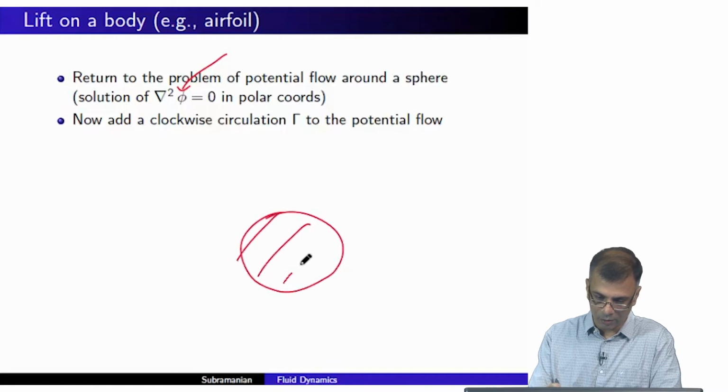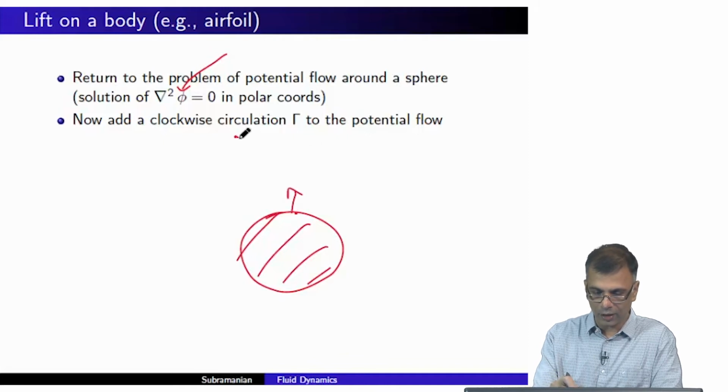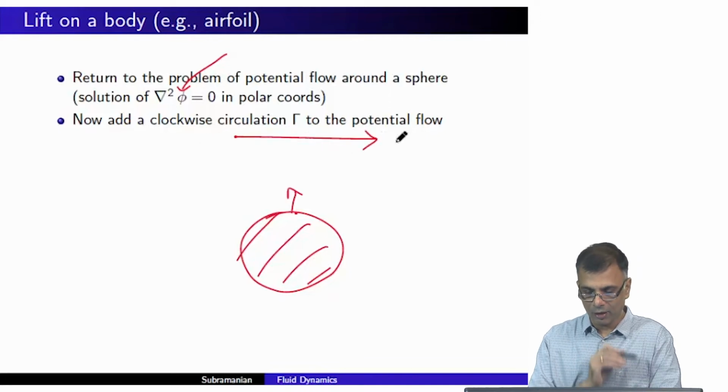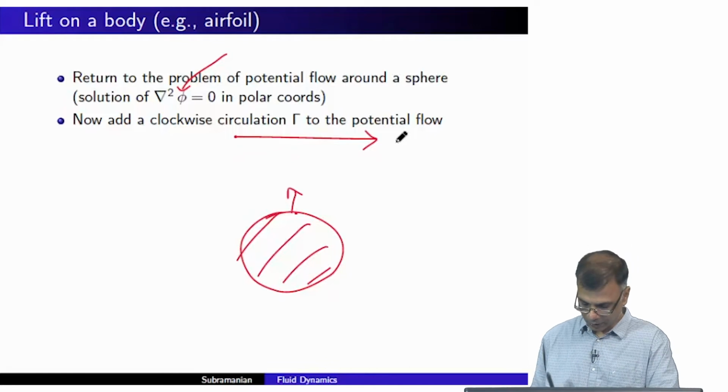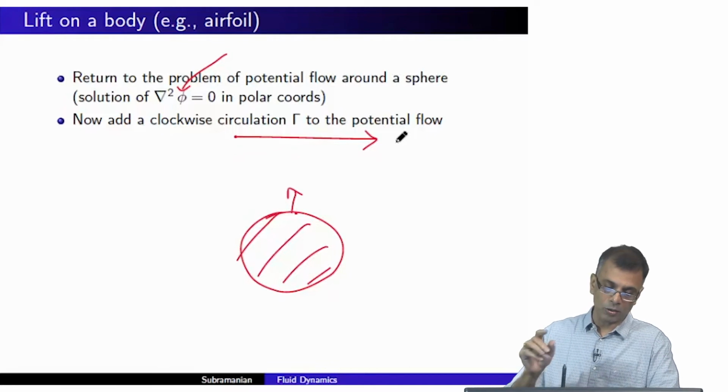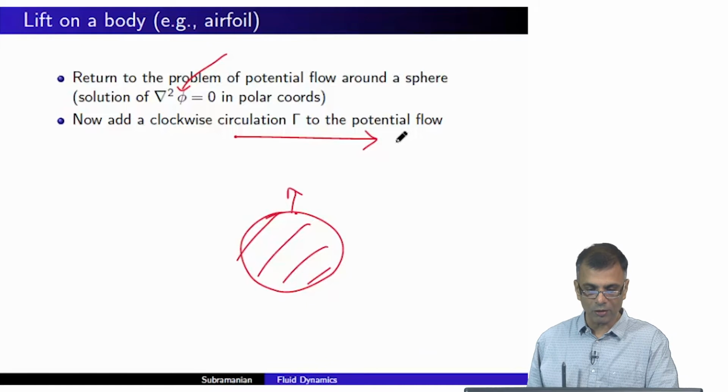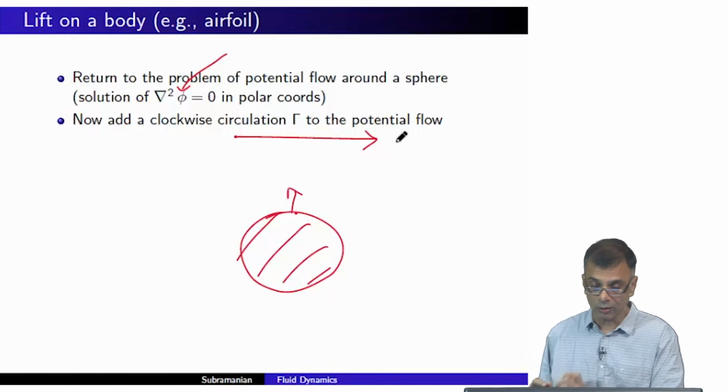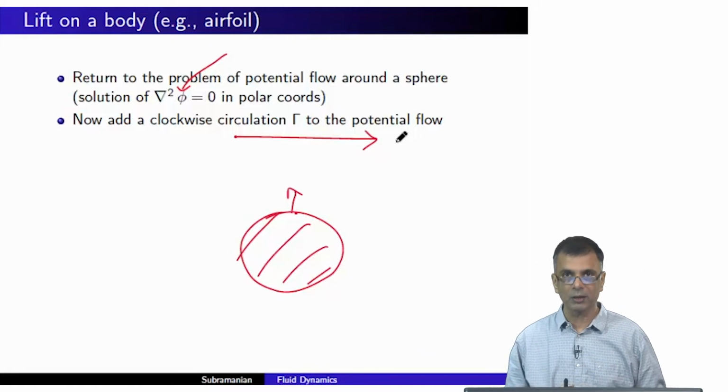The two boundary conditions we had applied were that the normal velocity was 0 and the velocity at infinity was equal to the undisturbed velocity. So we had applied these to the general solution of del squared phi equals 0 in polar coordinates, and we had obtained the solution.